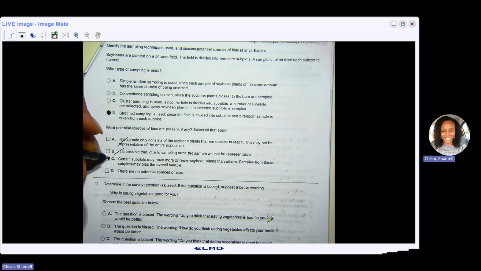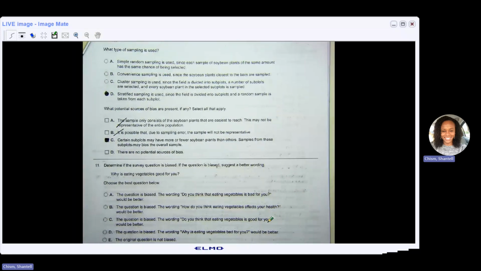You're literally dividing it into groups and you're pulling some from every group. So there's no issue with that. C, certain subplots may have more or fewer soybean plants than others. Samples from these subplots may bias the overall sample. There is the potential source of bias.